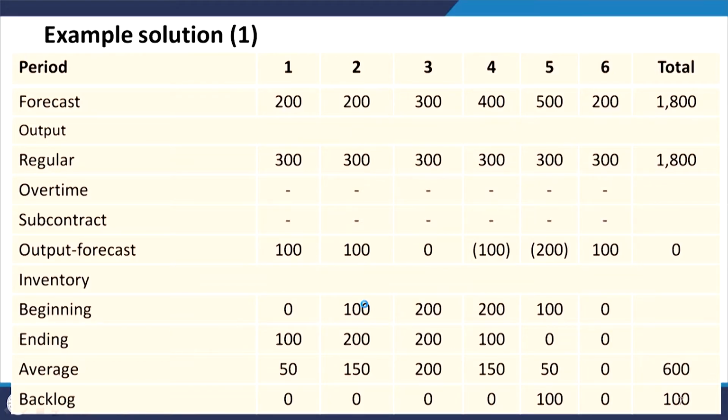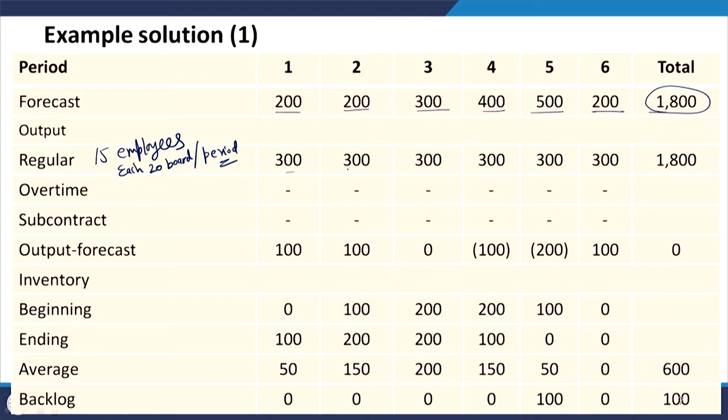Now, if you see 200, 200, 300, 400, 500, 200, the total requirement is 1800. We have set our system in such a way that 15 employees, each making 20 boards per period.